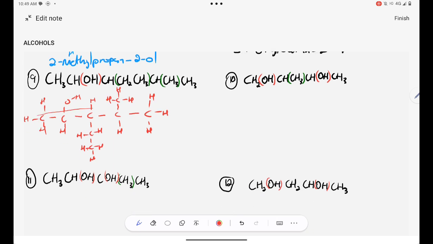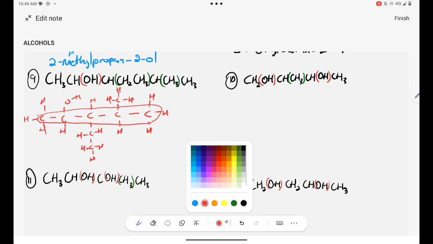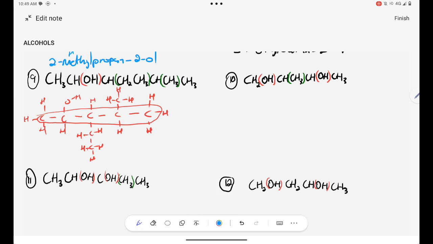Right? So this will be the parent chain, and this is carbon number 1 because it is closer to the functional group. That's carbon 2, 3, 4, and 5. Whenever I name this compound, I need to start by mentioning these additions over there, right? And I need to mention them in alphabetical order.